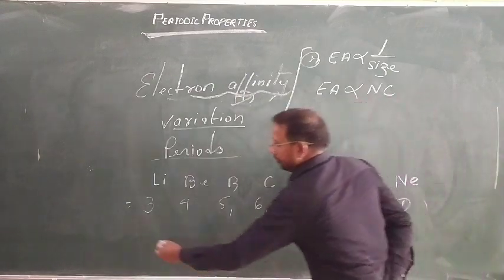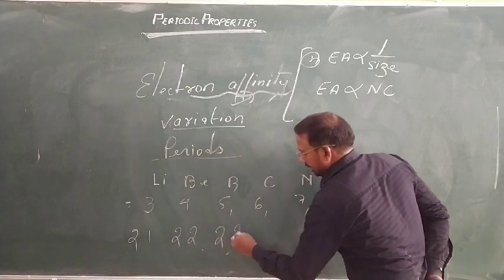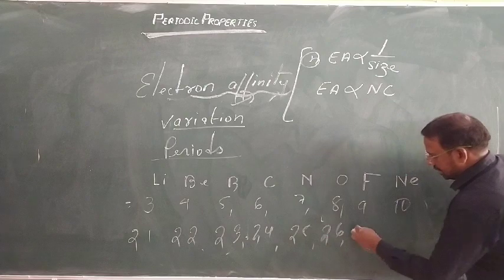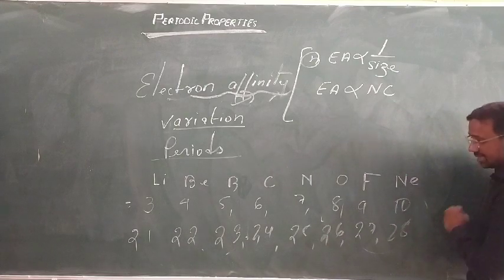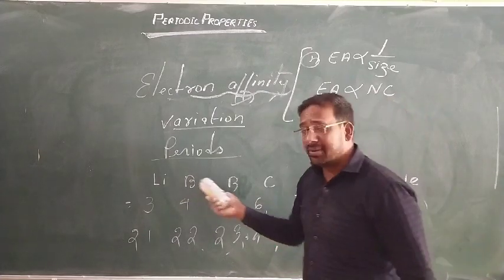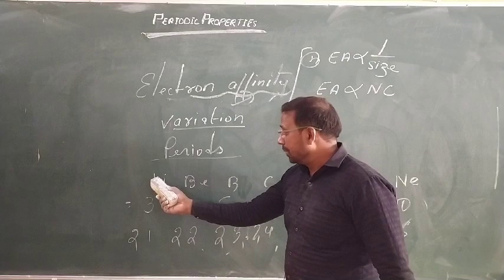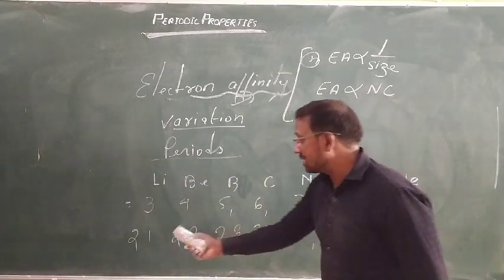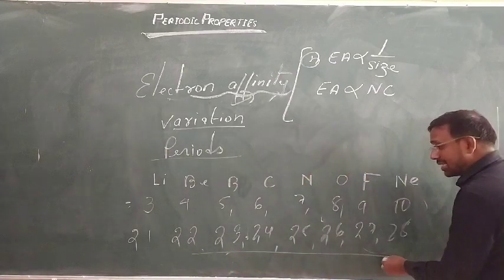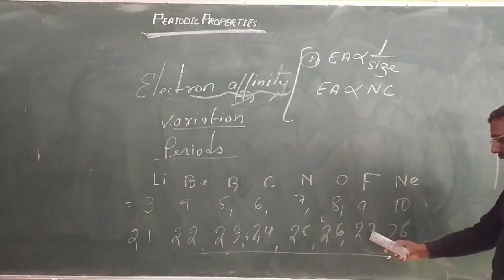You can draw the configuration also: 2 1, 2 2, 2 3, 2 4, 2 5, 2 6, 2 7 and 2 8. You can see that the number of shells is the same in all elements. Already we have discussed this in a previous lecture also. When we are moving in a period from left to right, the number of shells is the same, but one thing is that nuclear charge increases. Here 1 and in the last one 7.